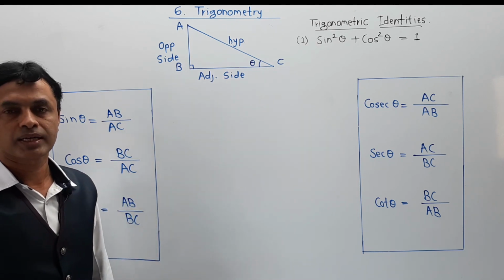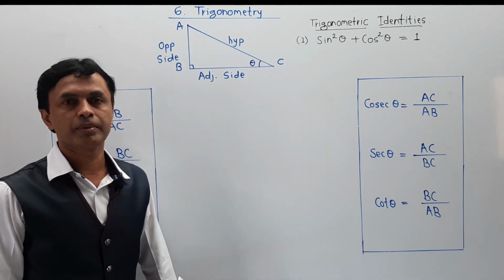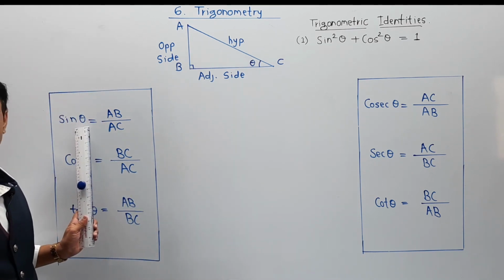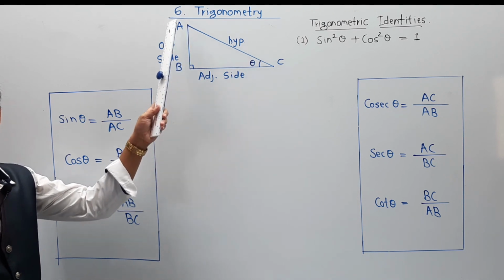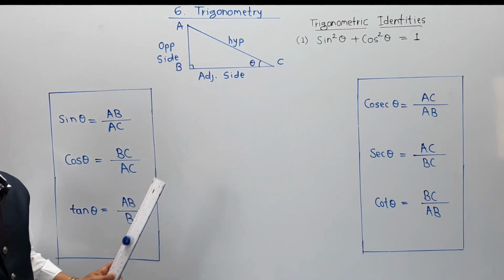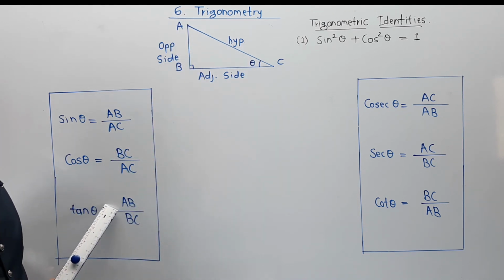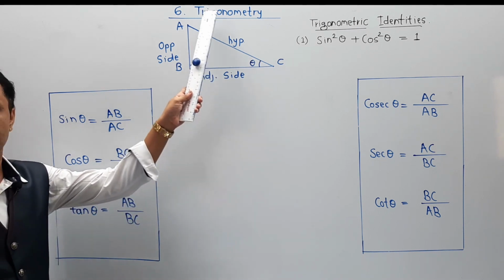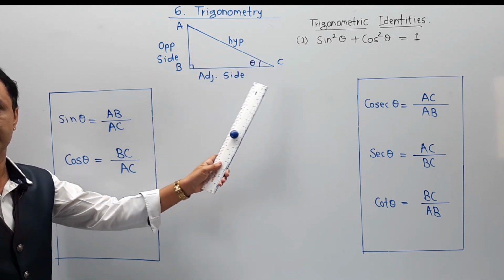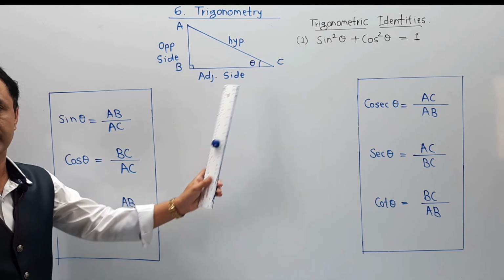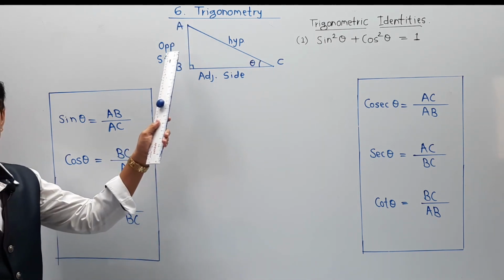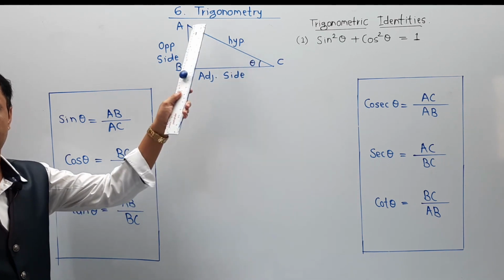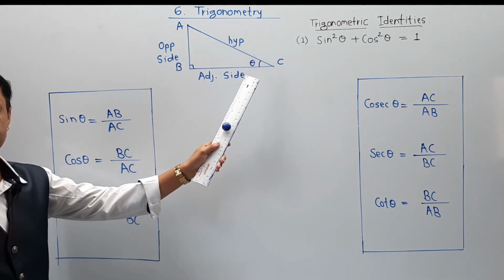With the help of that, we have written six ratios. Among them, first is sin theta, which is opposite side upon hypotenuse, AB upon AC. Next, cos theta is adjacent side upon hypotenuse, BC upon AC. Next, tan theta is opposite side upon adjacent side, AB upon BC.